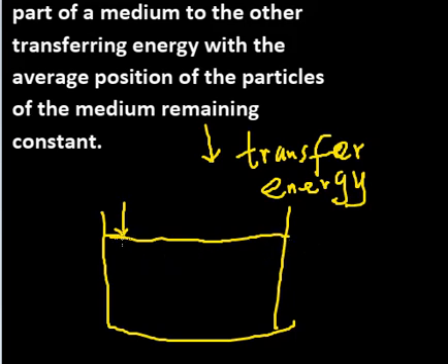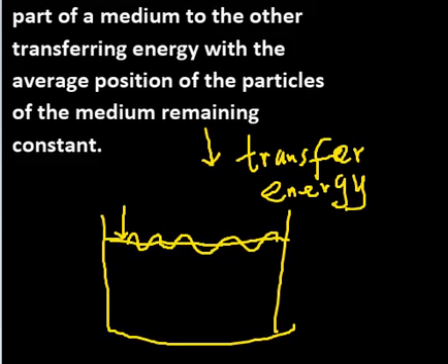You discover that a ripple will be generated, and that ripple moves in the form of a wave. From the point where it is generated, it will move to the other part of the medium, and it transfers energy. So this ripple is like energy that moves from one part of a medium to the other.